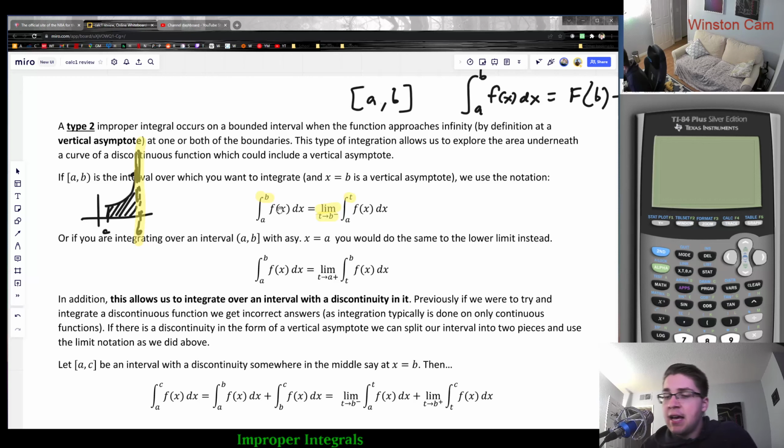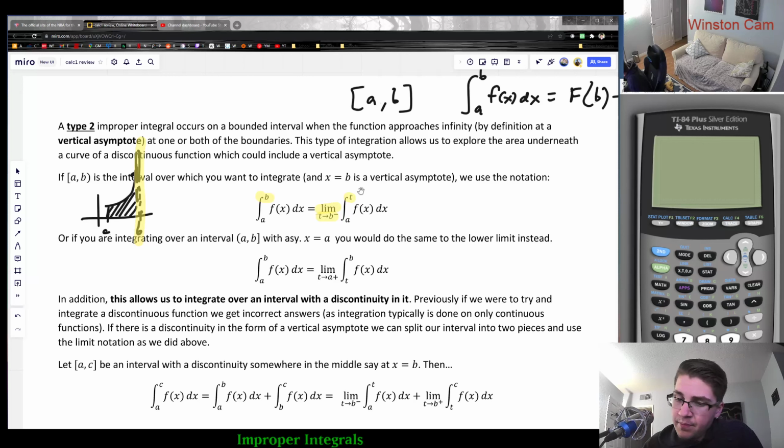But if we figure out the limit as it approaches b, it will be continuous from a to t, where t is a little bit to the left of b. We can figure out the pattern of what happens as we get close and then evaluate the limit of such a value. And this will help us solve the area underneath the curve, again, assuming it does converge.